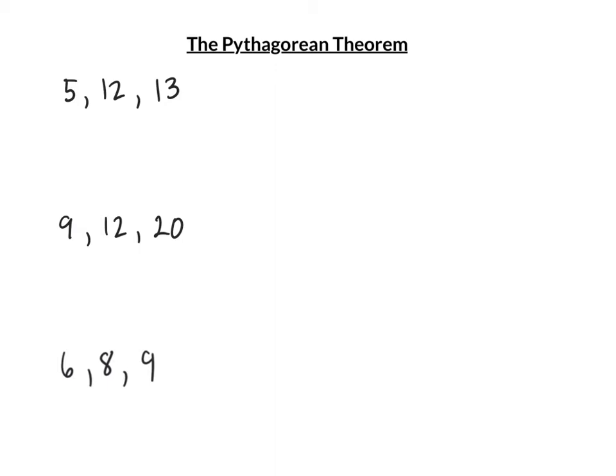Here are a few examples on applying the Pythagorean inequalities theorem. We know c is the biggest side, so there's my c, there's my c, and there's my c. Reminder, if c squared equals a squared plus b squared, I know that it's right.